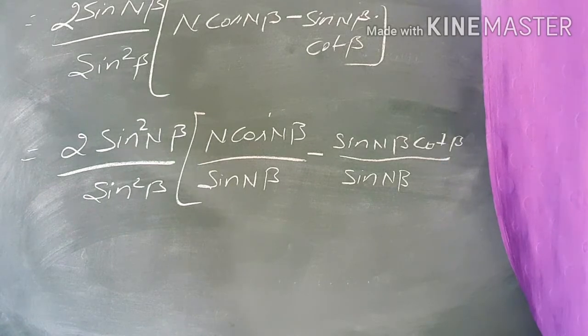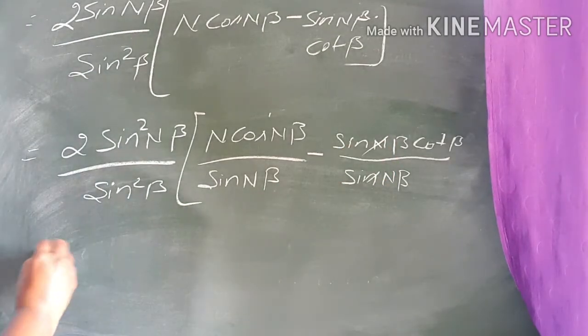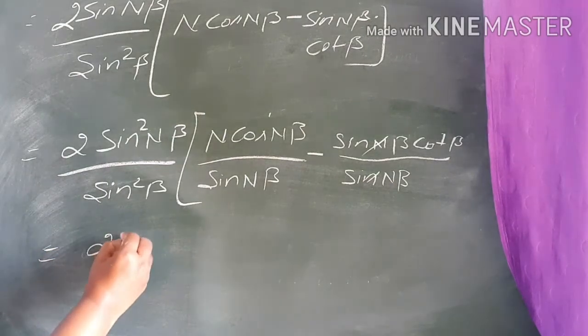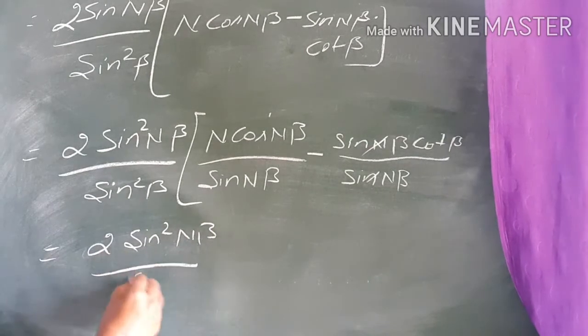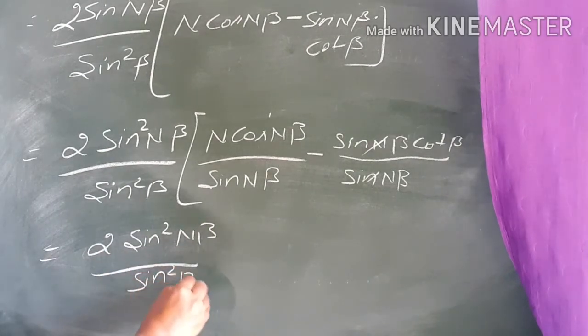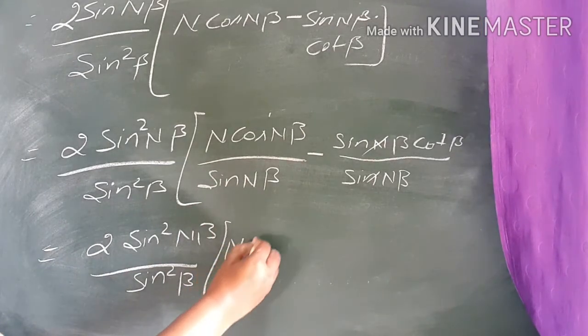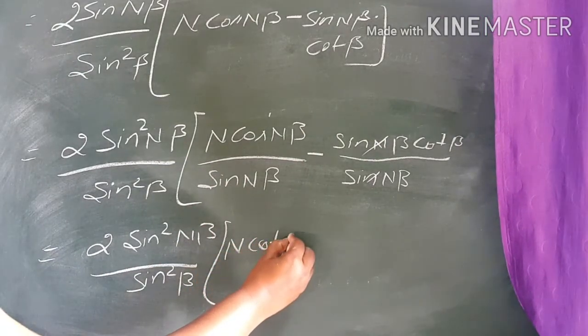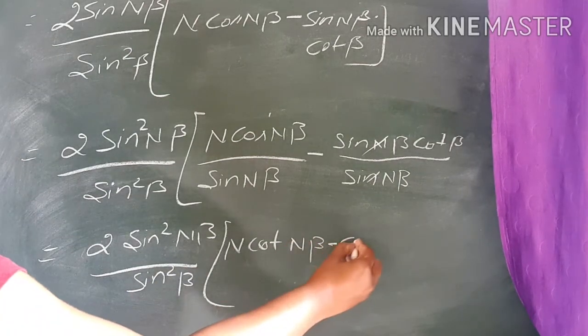Okay, this is cancelled out. So finally we have 2 sine square n beta by sine square beta, this is n cot n beta minus cot beta.